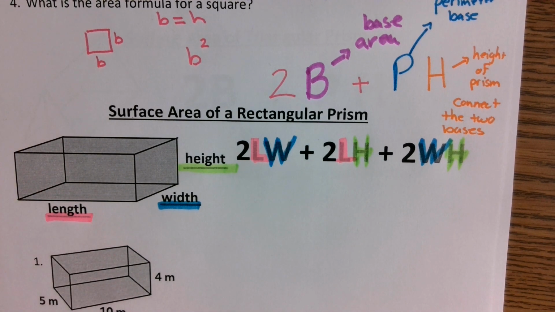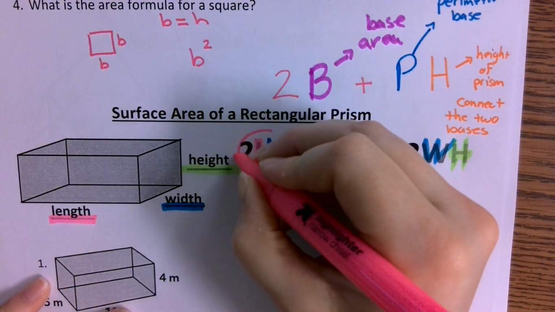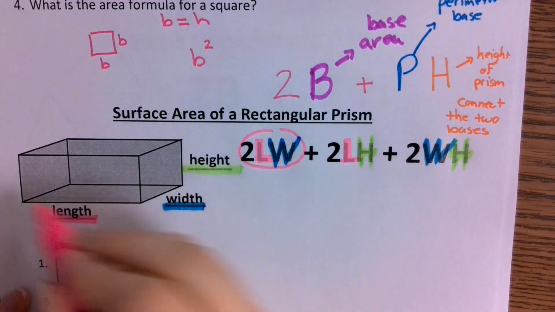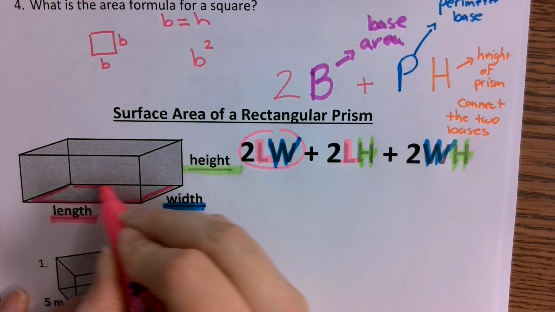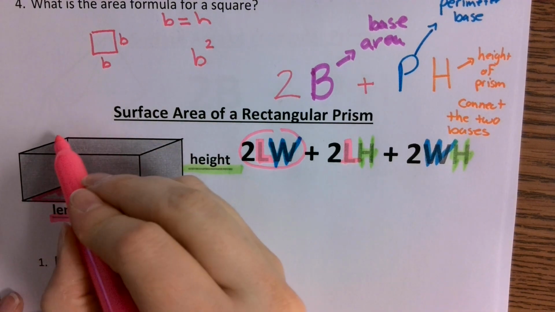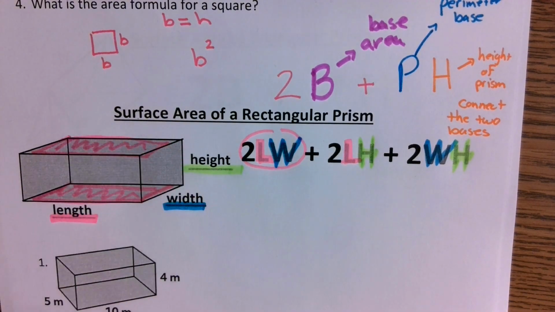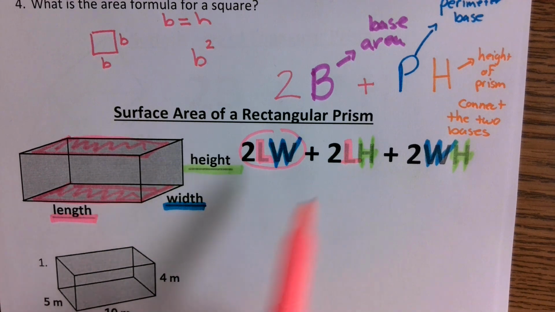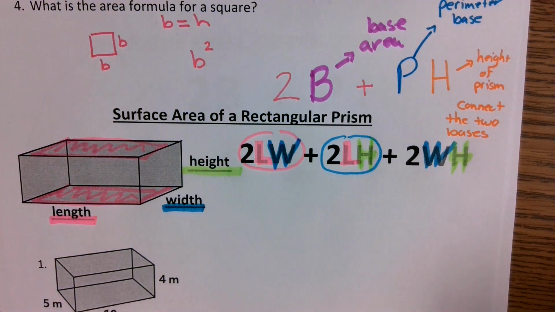Now, again, the reason why we have 2 times this is because this length by width represents this rectangle right here at the bottom, but it also happens to be the exact same one up here above it, right across from it. Those are 2 identical length by width rectangles. Then I also have 2 of these length by height rectangles.